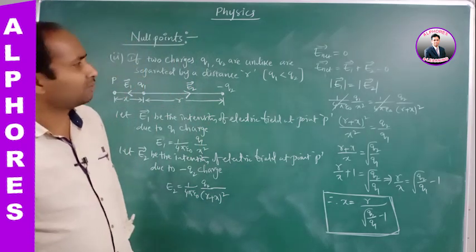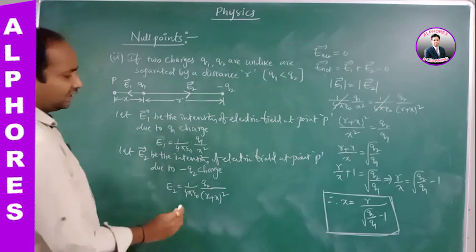So what is the general formula of location of null point? Directly we may write like this.